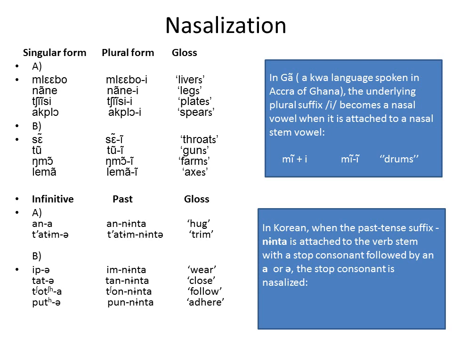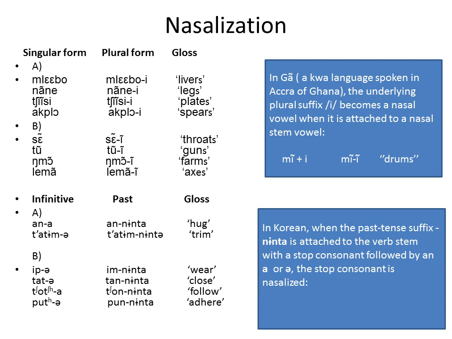T in tot is a stop. Here it is not an affricate because it is a palatalized aspirated stop. That means follow. It is a palatalized aspirated stop. Here it is an aspirated stop. In the last word it is an aspirated stop. So the consonant that receives the change is a final stop consonant which is influenced by the preceding consonant of the suffix, the first consonant of the suffix ninta.